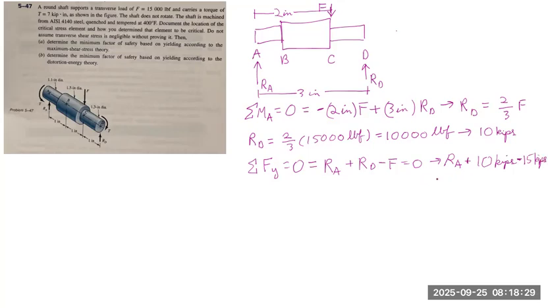And this gives us that RA is equal to 5 kips.